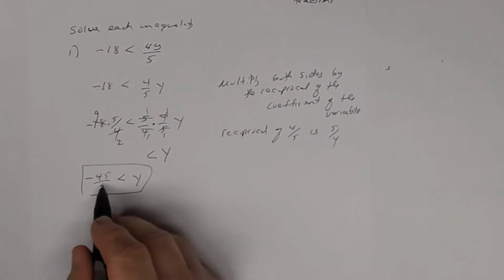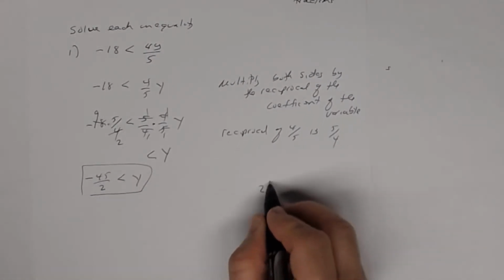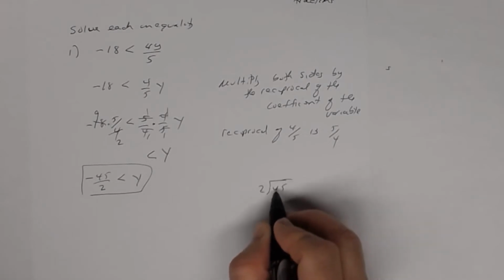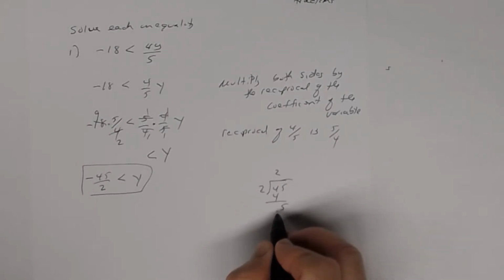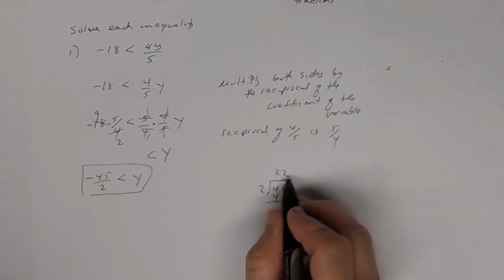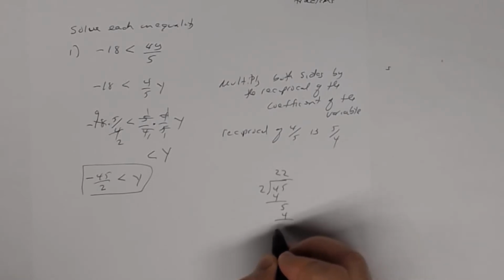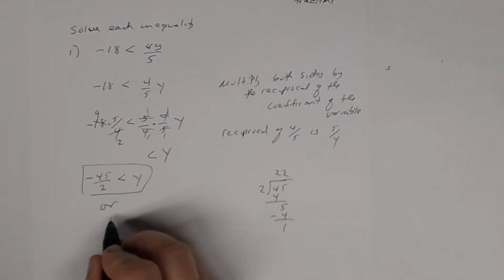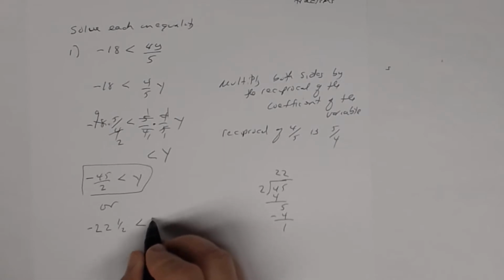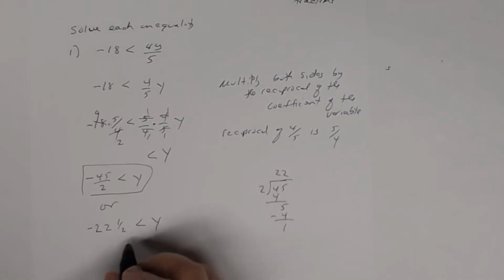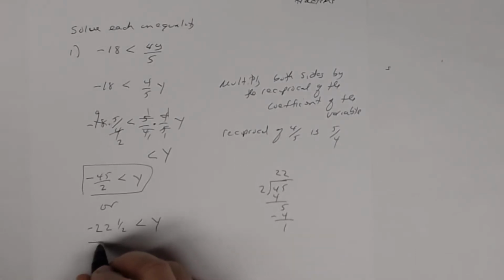Okay, if you want to write this as a mixed number, 2 into 45: 2 into 4 is 2, 2 times 2 is 4, bring down the 5, 2 into 5 is 2, 2 times 2 is 4, remainder 1. So you get 22 and 1/2. So you could say negative 22 and 1/2 is less than y, or y is greater than negative 22 and 1/2.